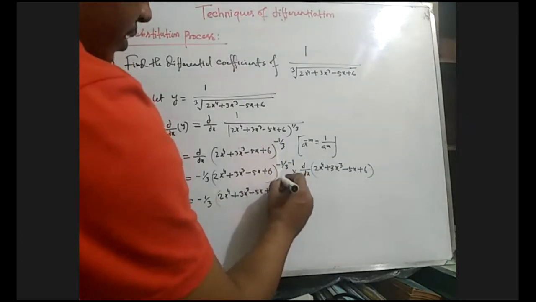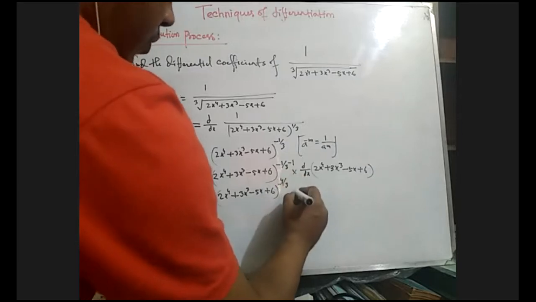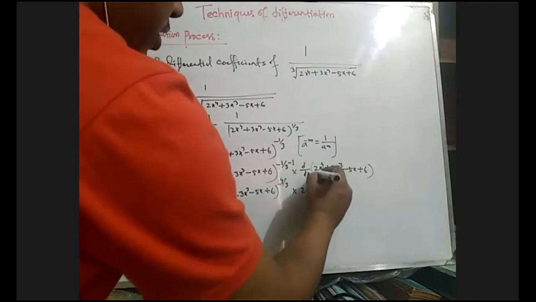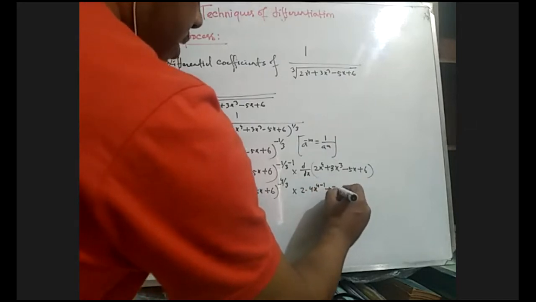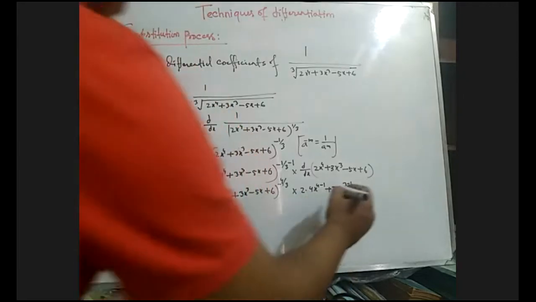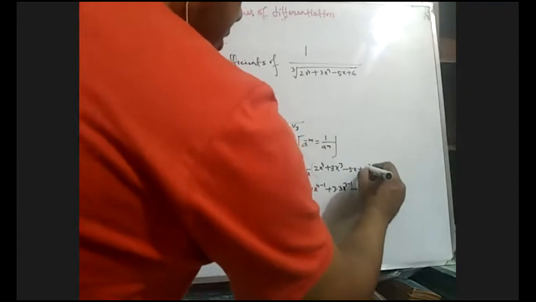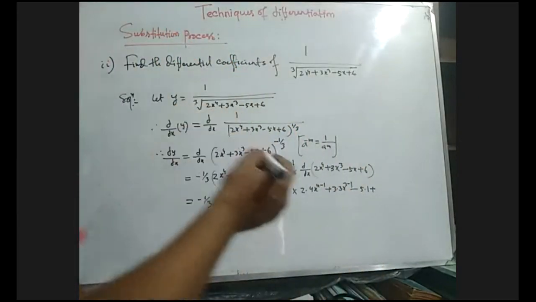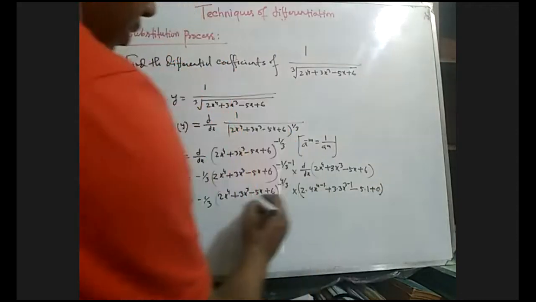taking LCM, we get minus 4 by 3, multiplied by, using the power rule, 4 into x to the power 4 minus 1 plus 3 into x to the power 3 minus 1 minus 5 into x differentiation, which is 1. But 6 is a term without x, so it is a constant, so 0. Okay.